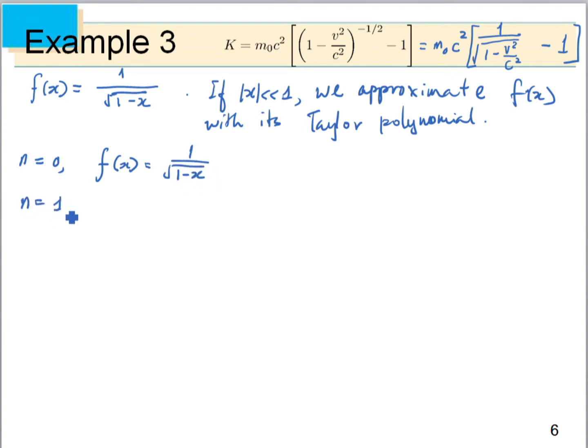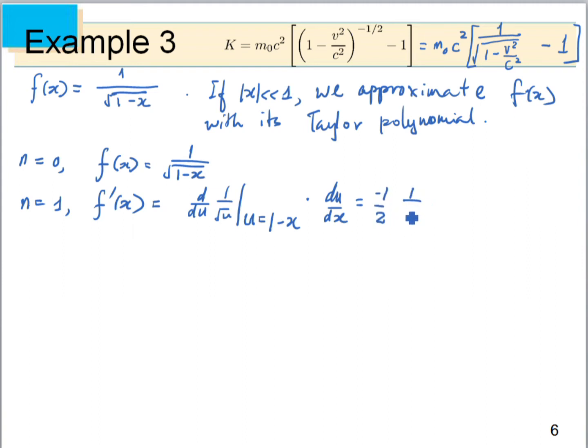For n equals 1, we are going to differentiate f to get f prime of x. Now this, we will need the chain rule. Okay, 那在做这个微分的时候，我们就用 chain rule. 我们的 chain rule 是要做什么？是 d du of 1 over square root of u，因为我要把 u 取代 1 减 x，再乘上 du dx, right? 那 u 根号分之一的微分，这个就是负 1/2 乘上 u 的 3/2 次方分之一，right?